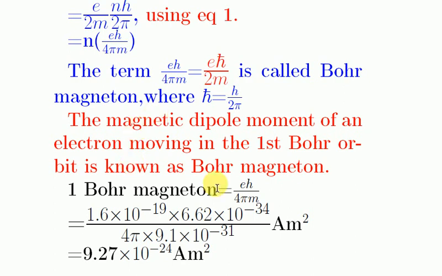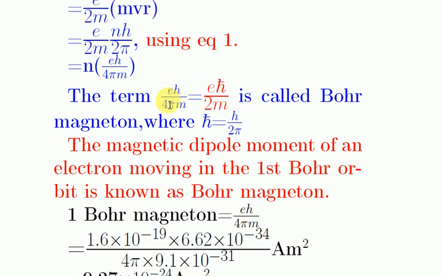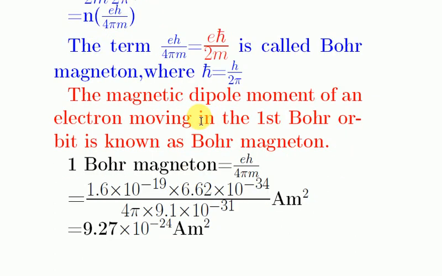This is the definition of Bohr Magneton, and the expression of Bohr Magneton is eh by 4 pi m or e h cross by 2m. And now we are going to discuss the value of Bohr Magneton and its unit.